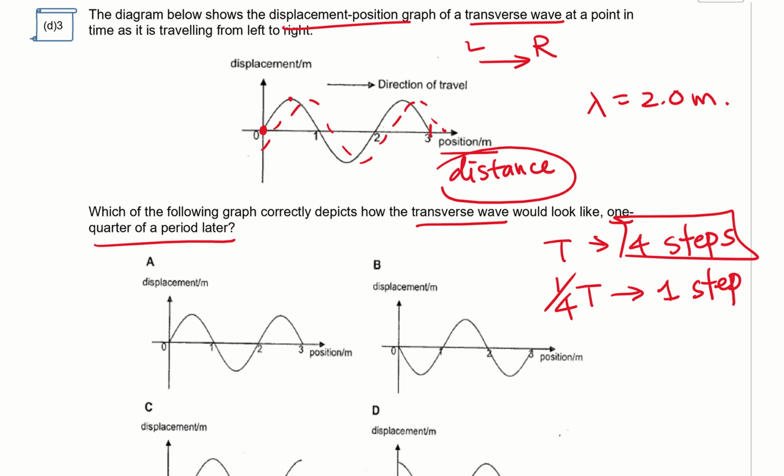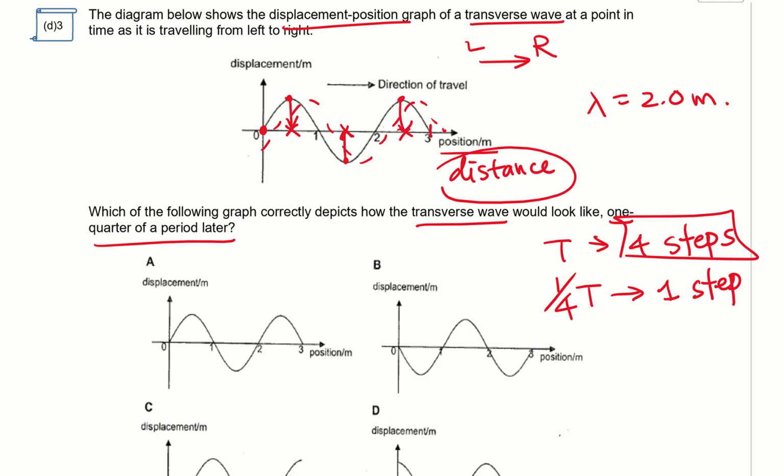So let's take the crest because it's the simplest. The crest will take 1 step, and it will be at the rest position. Maybe I use a cross. For the trough, it will be here. Crest will be here.